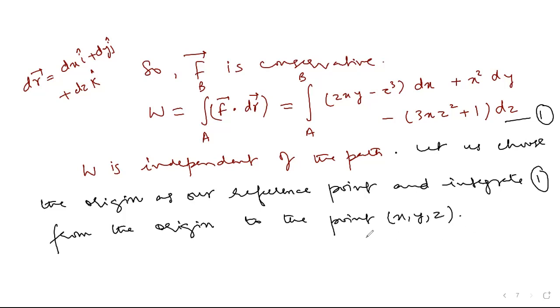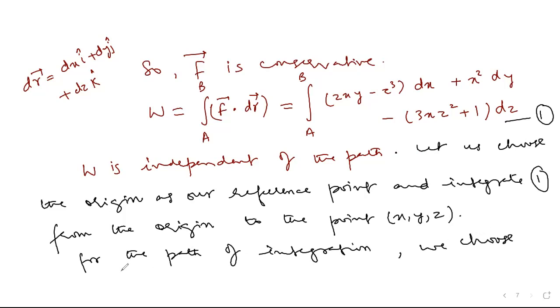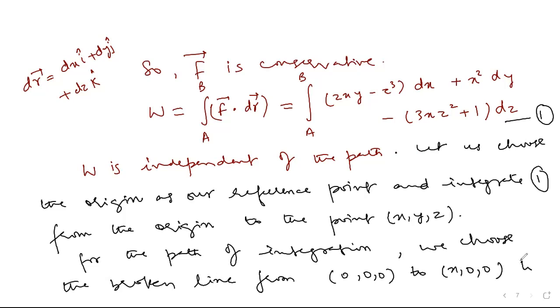Now what we do, for the path of integration, we choose the broken line from 0, 0, 0, which is the origin, to x, 0, 0, to x, y, 0, to x, y, z.